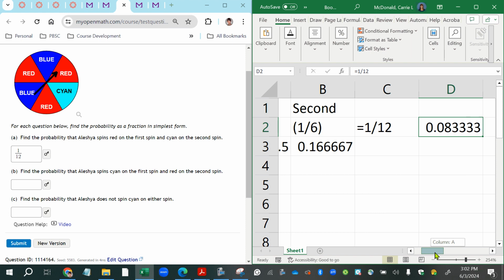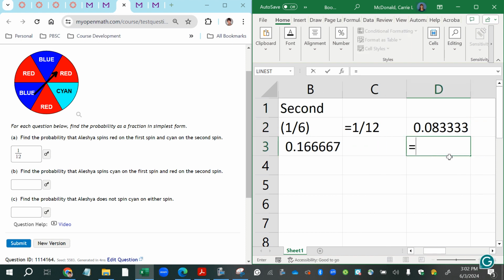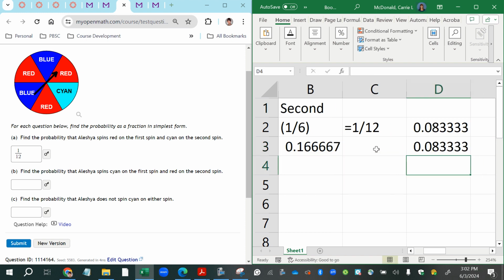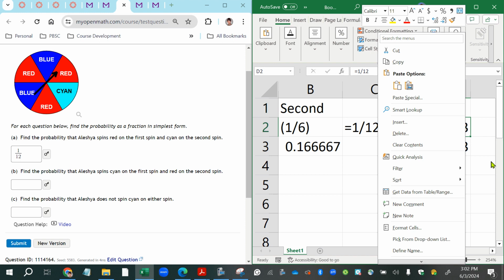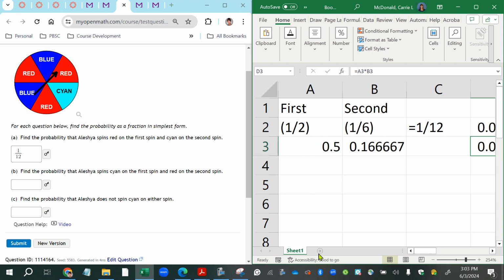So now I want to see that if I multiply the first decimal, 1/2, which is 0.5, times the second decimal, 1 out of 6 as a decimal, which is 0.16666 repeating, if I multiply those two together, notice that I do get exactly the same answer. So I just like to show there is a way to be confident that you have done your math correctly if you're nervous about working with fractions.